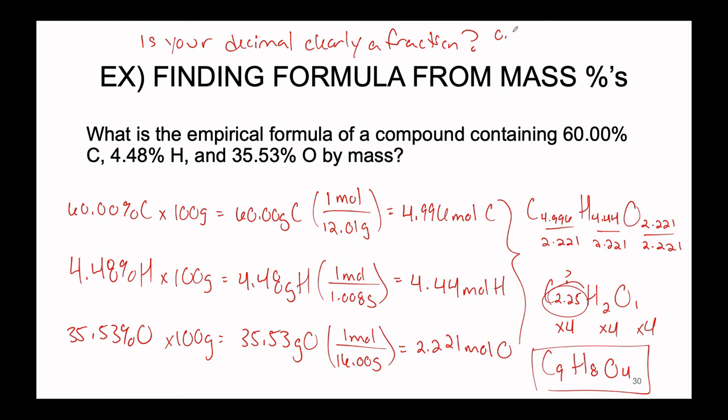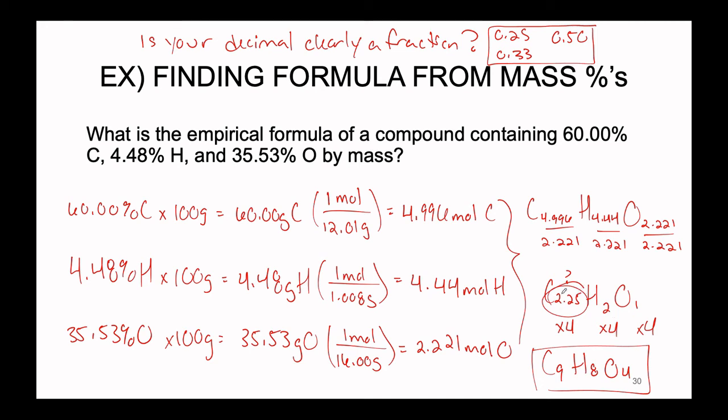Are you working with 1/4? Or are you working with 1/3? Or are you working with 1/2? If your resulting subscript, just like this carbon was a 2.25, is a really nice and obvious fractional value, chances are you can't round, you're going to have to scale up in some way.